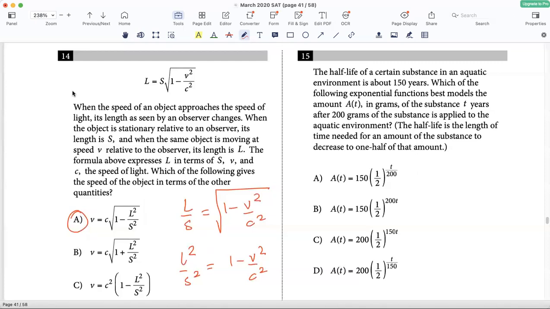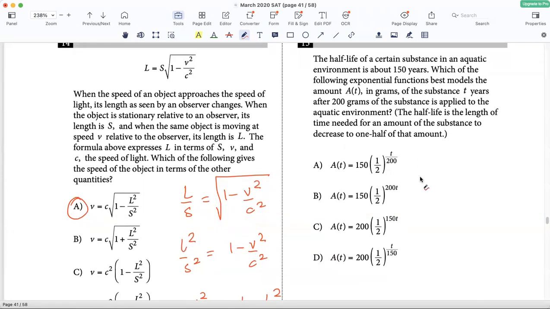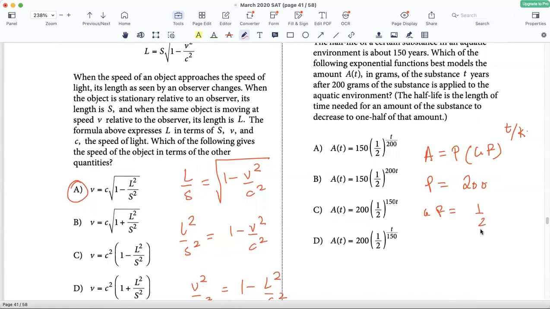The half-life of a certain substance in an aquatic environment is about 150 years. Which of the following exponential functions best models the amount in grams of the substance t years after 200 grams of the substance is applied to the aquatic environment? So the final amount will be given by the initial amount multiplied by the growth factor to the power t by k, where the initial amount is 200 grams, the growth factor is 1/2 because we are talking about half-life.